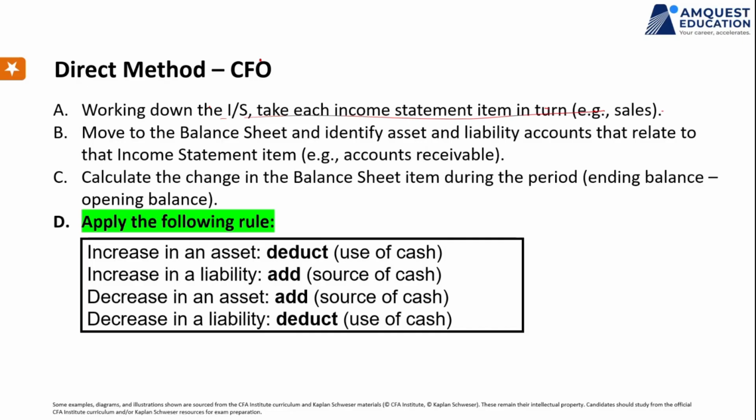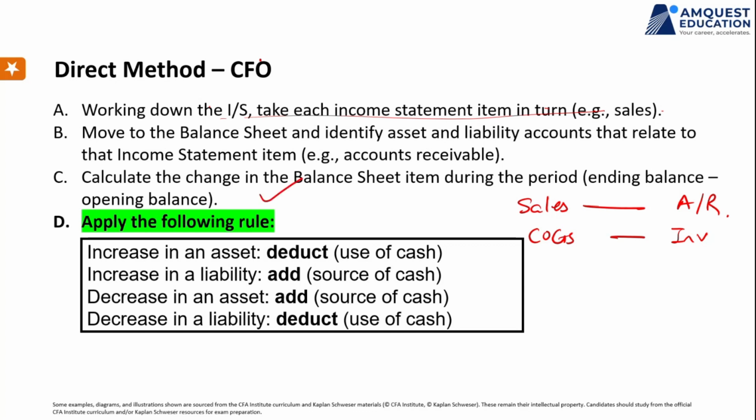Example, sales in income statement is related to account receivable in balance sheet. Then cost of goods sold is related to inventory in balance sheet. So you will have to relate the items and then find an equation.